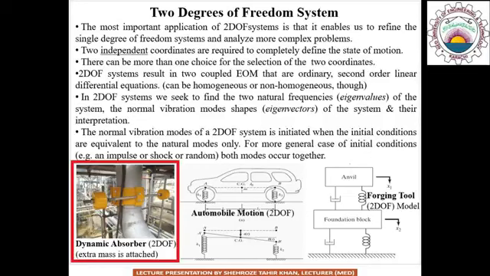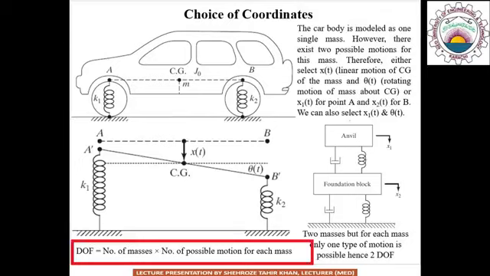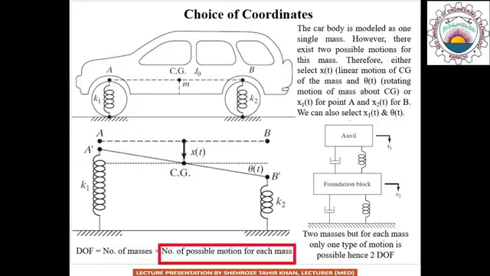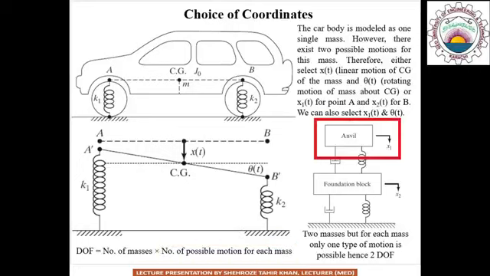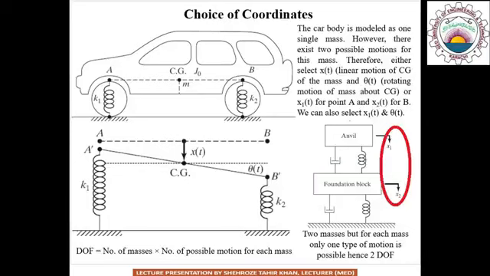The degrees of freedom can also be expressed as a product of two variables. Number one, the number of masses involved, and number two, the number of possible motions. For example, in the forging press example, the anvil and the foundation block are two different masses, but for these masses, only one type of motion is possible, which is translatory motion.